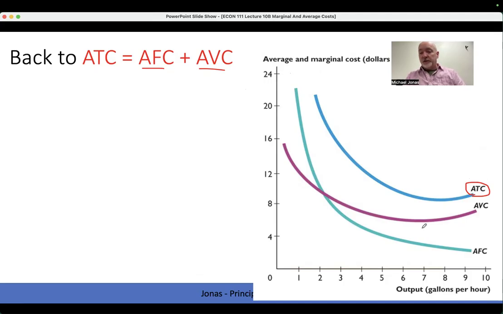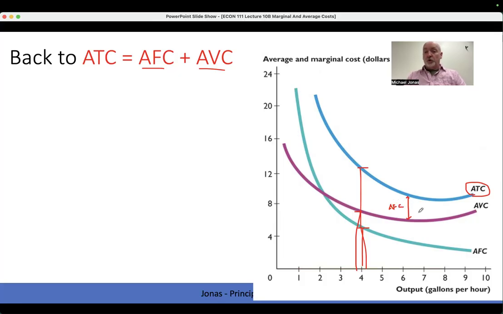So what we're seeing on this diagram is at any given point, we take the height of the average fixed cost, we add to that the height of the average variable cost, and we end up with the height of the average total cost. Probably easier to think about it this way, that the gap between average variable and average total is the average fixed at any given point.